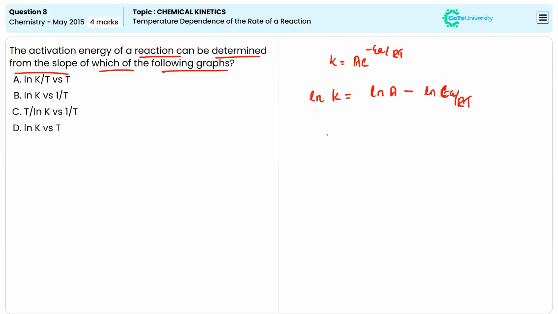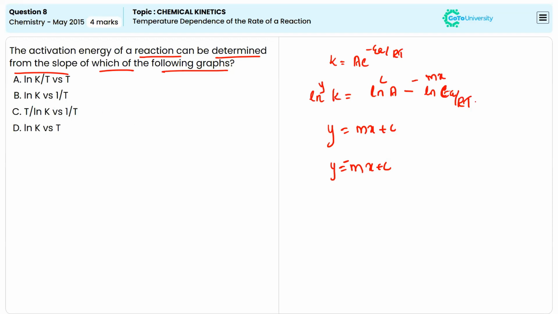So here we can see this is equal to, as we discussed before, mx plus c. But here we have a negative sign. So this is y equal to minus mx plus c. So here ln k is y, ln A is c, and this is minus mx.